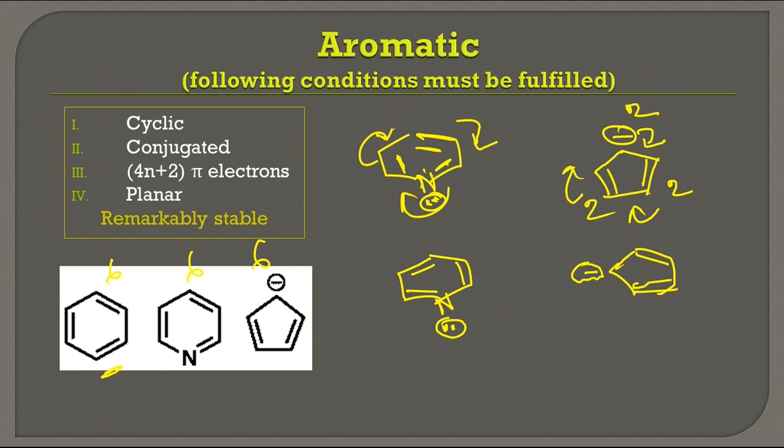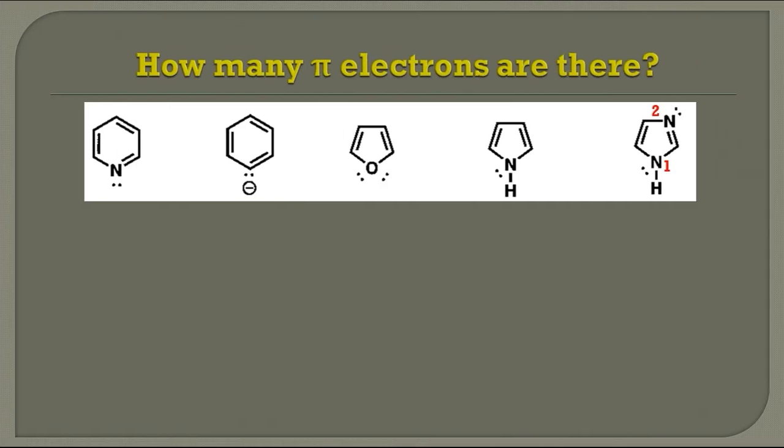Now what about the next one, that is non-aromatic. Before going to that, I would like to mention that sometimes we have some confusion regarding these pi electrons, that is how many pi electrons are there. Suppose there is no heteroatom, it is only a hydrocarbon like naphthalene or benzene, it is easy to decide. But when there are some heteroatoms with lone pairs, or if there is some negative charge, how to decide that? So here we have all these examples.